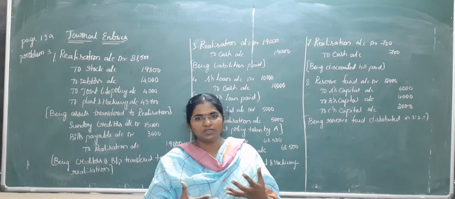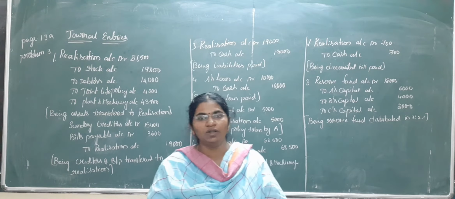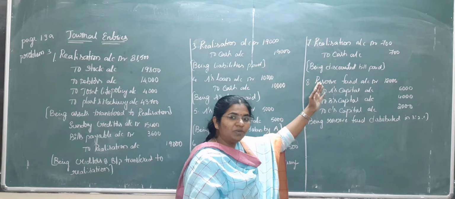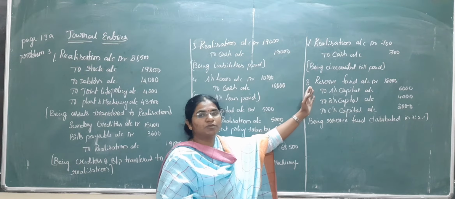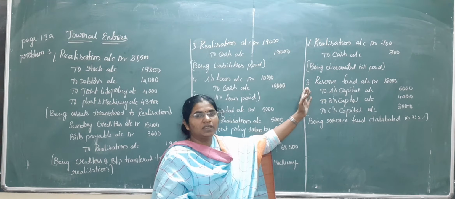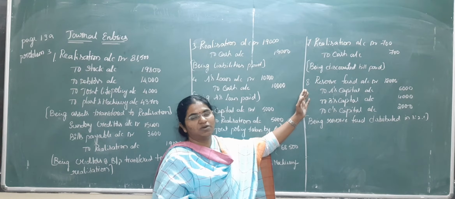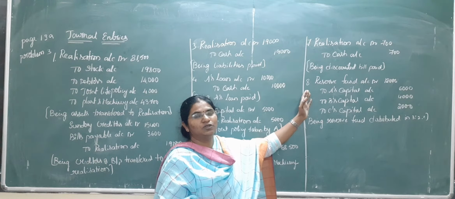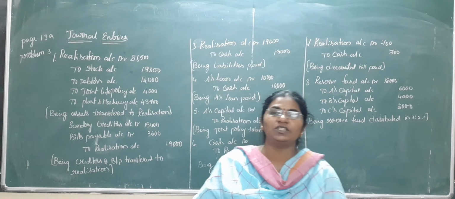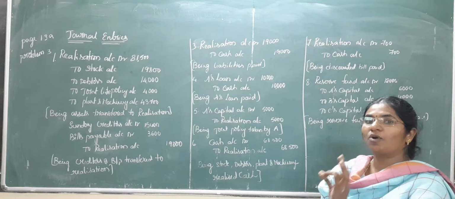So if a partnership firm is in a crisis and all the partners want to dissolve, reserve fund is a fund accumulated from previous years' profits. Now, when the partnership firm is about to dissolve, the partners have a right to enjoy those previous profits as reserve fund.